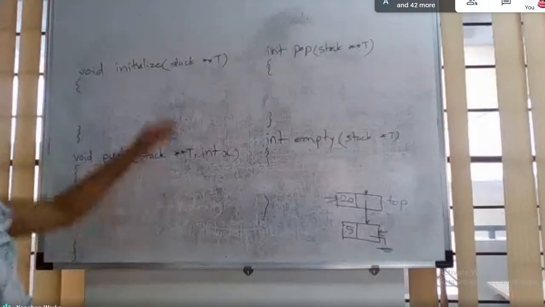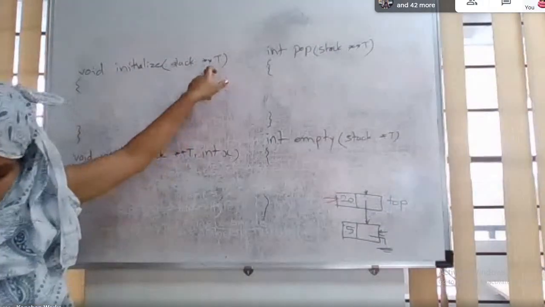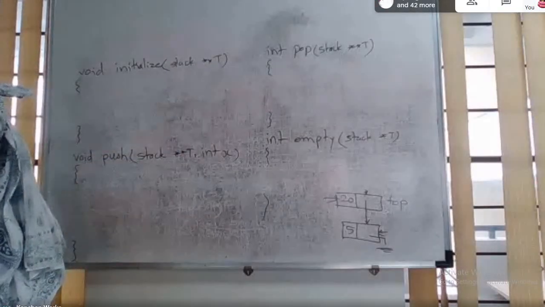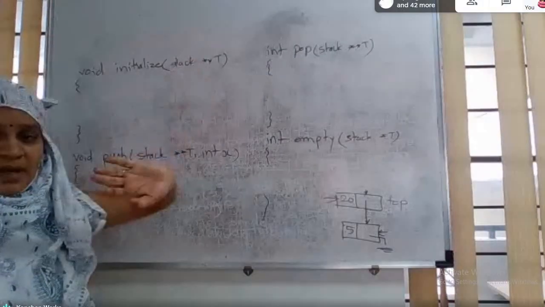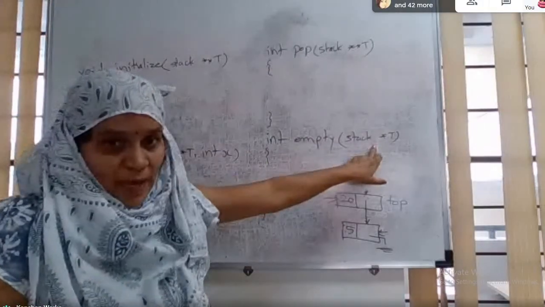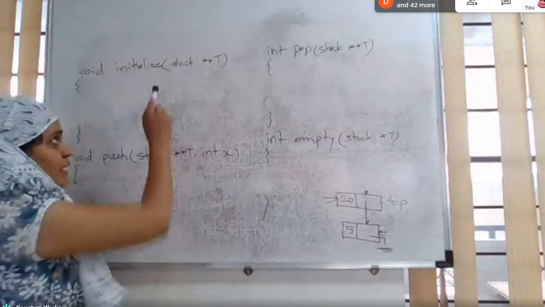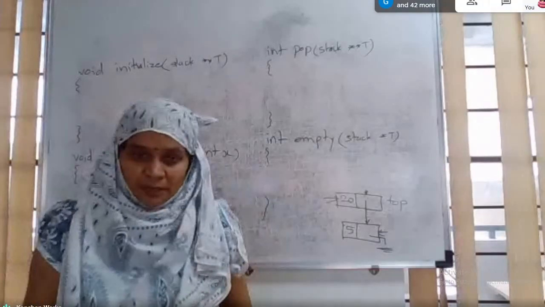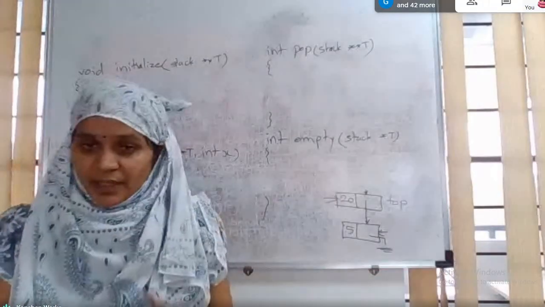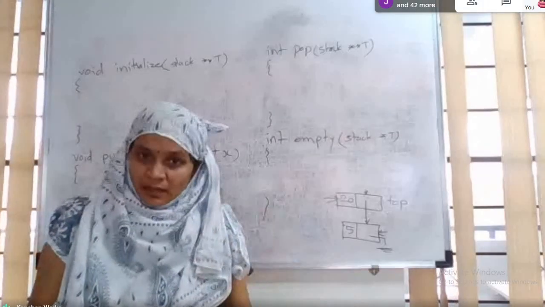So these parameters will be passed as a value, pass by value, sorry, this is passing value, this is passing address. Why address now? Whenever I am initializing the stack, initially my stack is empty. If my stack is empty, I should point that top is null.